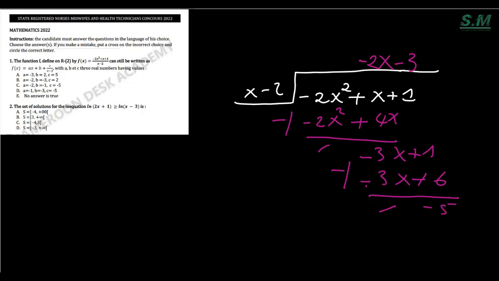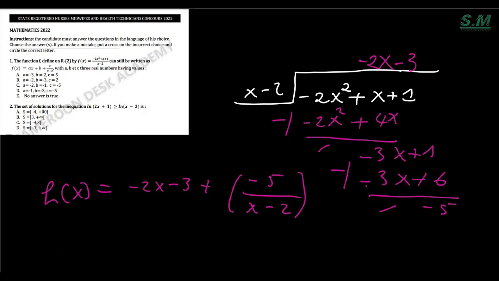So we see that this function can be written in the form negative 2x minus 3 plus negative 5 divided by x minus 2.